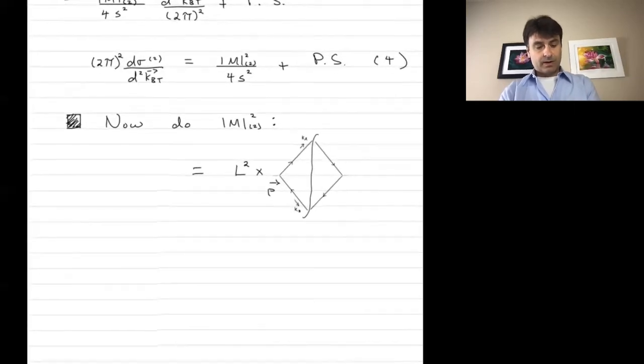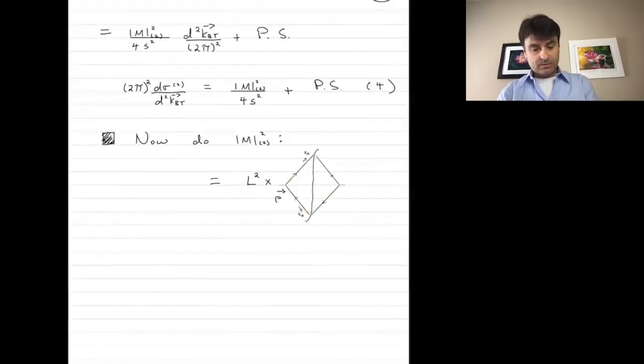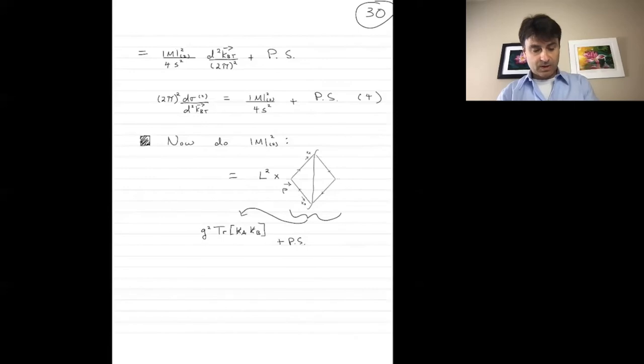Okay, and then what I need to do is calculate this graph, especially to get the lowest non-vanishing order, which I still haven't done. And I'm going to put a 2 to indicate that this is now amplitudes for 2 to 2 scattering. So here's what the graph looks like. I have, again, the L squared. Now this is something that is rather trivial to calculate. I get two factors of G, a minus I and an I, so that just gives me a G squared.